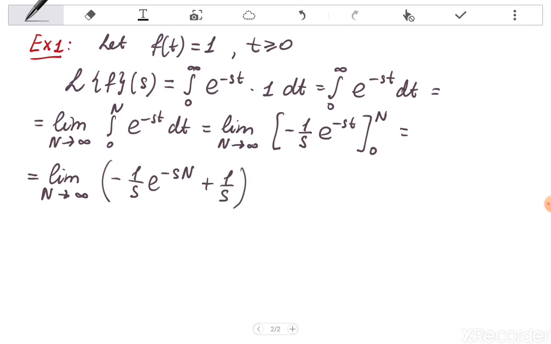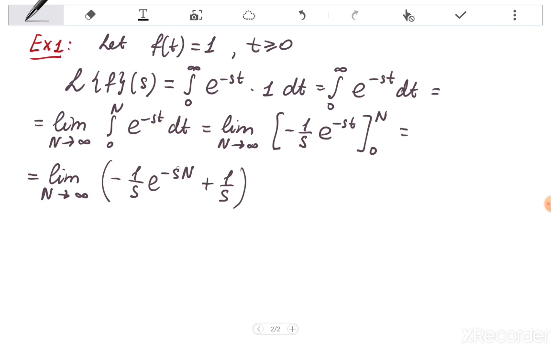And now let's have a look at this limit and think when the limit does exist. So this part here on the right hand side is just a constant, and the first summand has the dependence on n in the power of the exponent. So you see, if the power of the exponent is negative, then it approaches 0 and the limit of course exists. If the power of the exponent is positive, then everything approaches infinity and the limit does not exist.